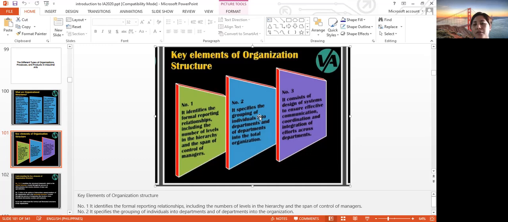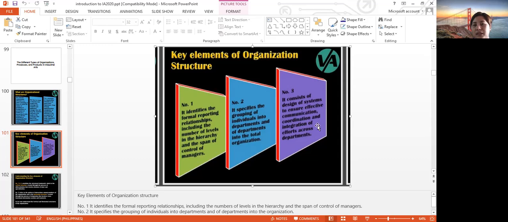So for number one and number two, when we speak of centralized, there is a particular person that they are going to follow. There is a boss. There is someone that you really need to approach. So that is centralized.